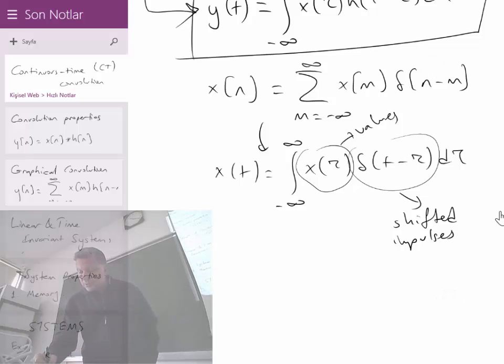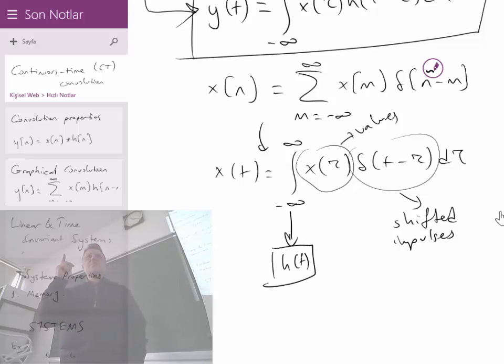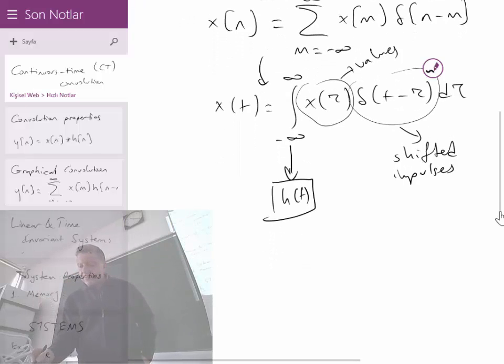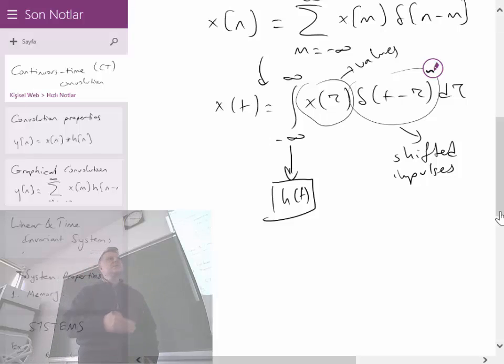When this goes into a system whose impulse response is h of t, always keep this in mind. What was the impulse response? It's the response of the system to an impulse. When an impulse comes in, the impulse response goes out. So tell me this. What goes out if delta t minus tau goes into the system?